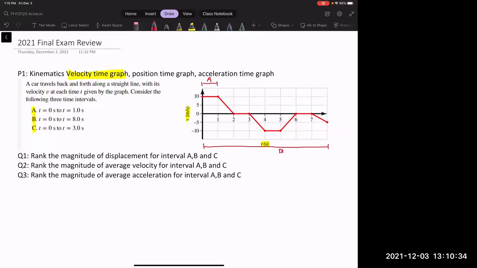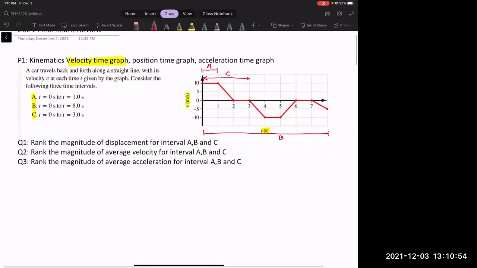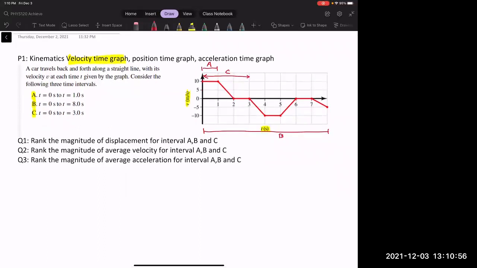And C is from 1 to 3, so C is from here to here. Try to look at this in 3 different intervals, and rank the magnitude of the displacement, the average velocity, and the average acceleration.